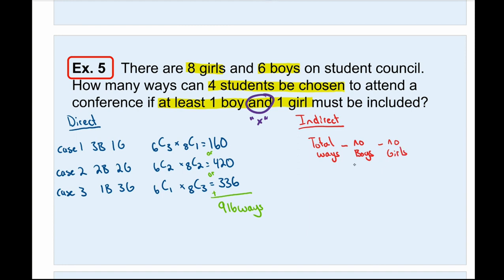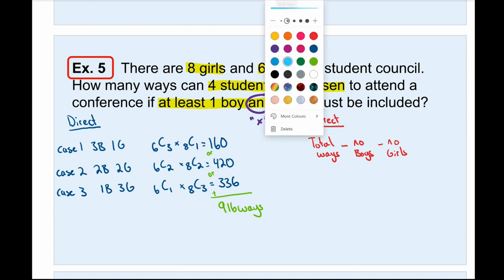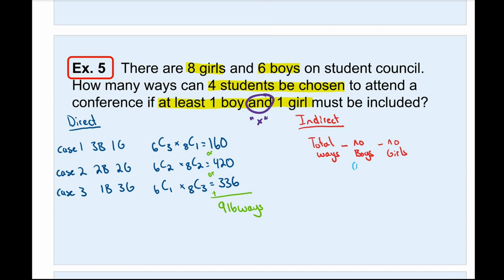So no boys means all girls, and no girls means all boys. Just to help us keep that in mind when we're doing the calculations.